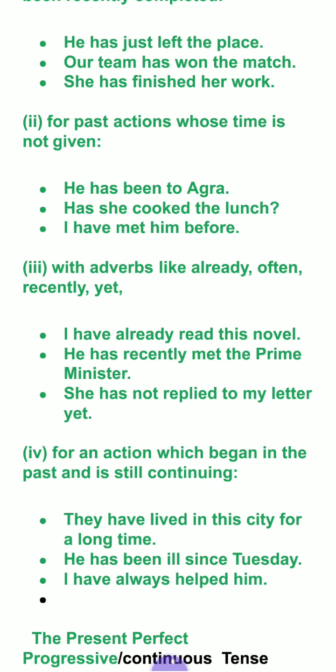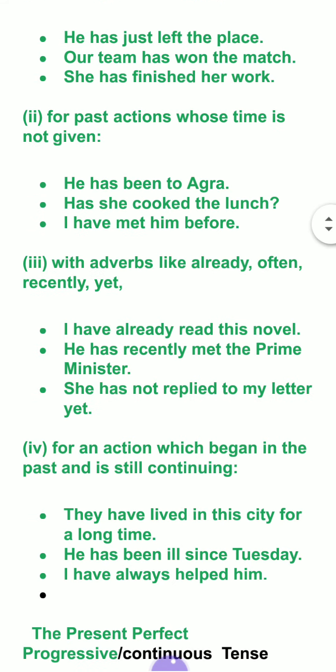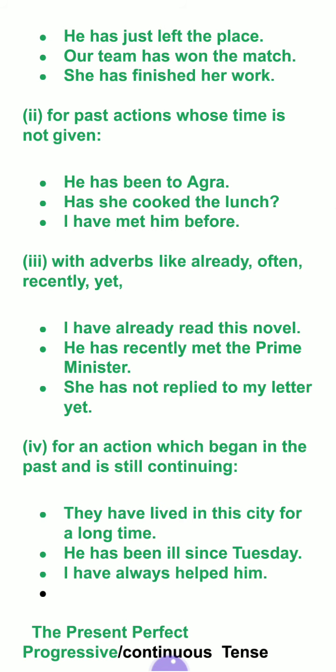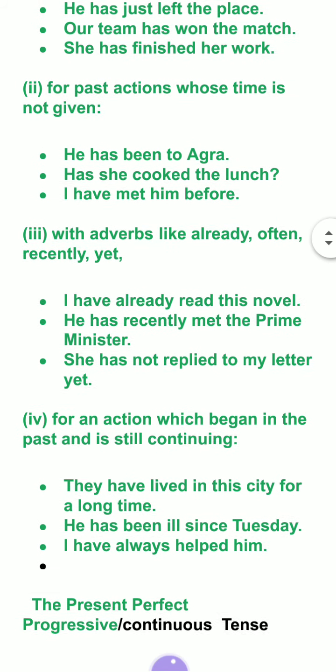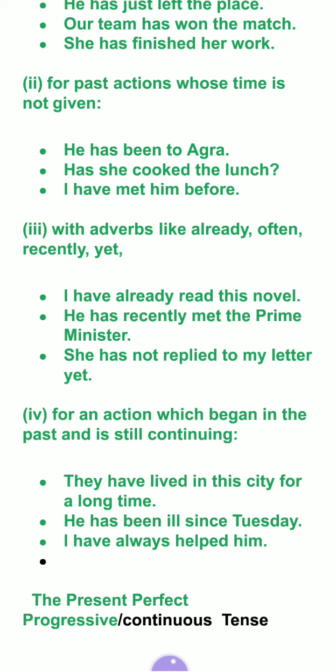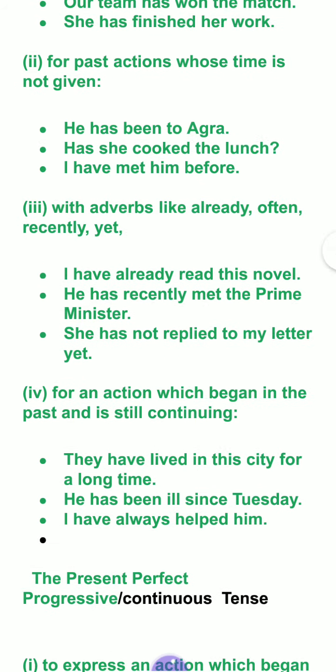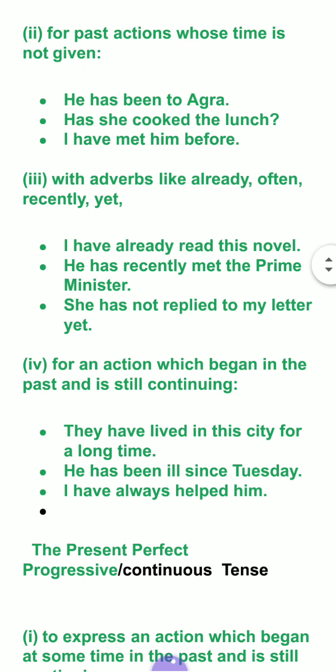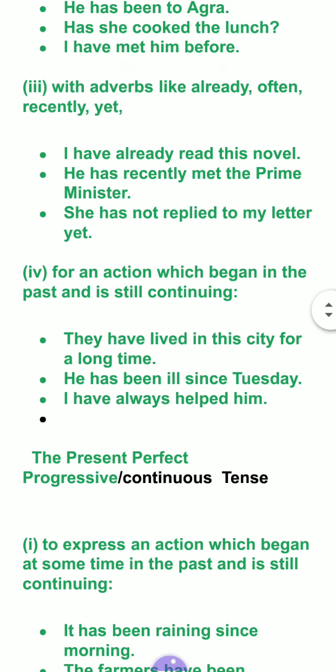Example: he has been to Agra. Or when time is not given, I have been there. So these are the examples. She has cooked the lunch, time is not given there. So generally in this case we use present perfect tense. I have met him before, when time is not given there. So in that case we use present perfect.